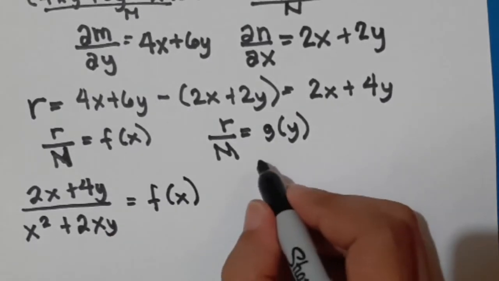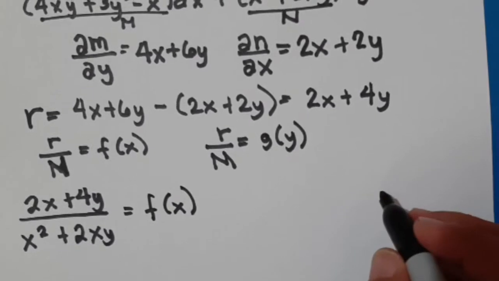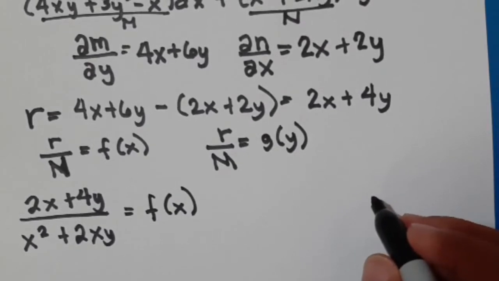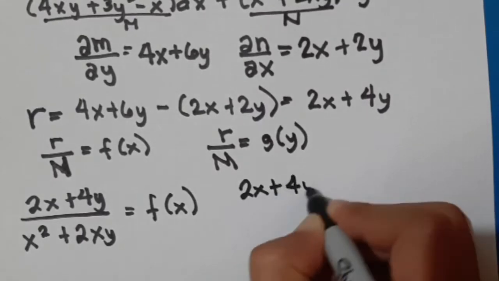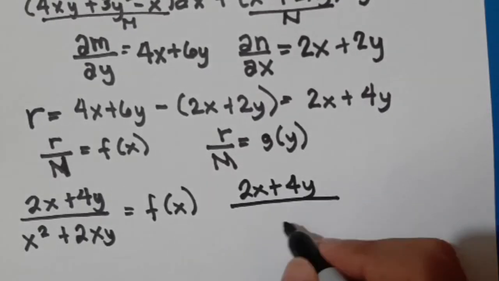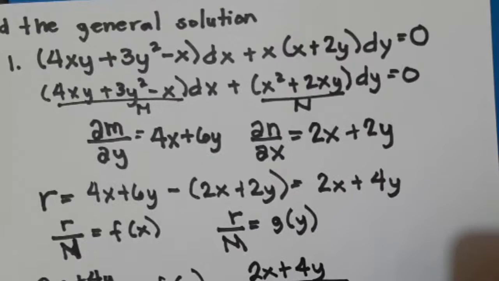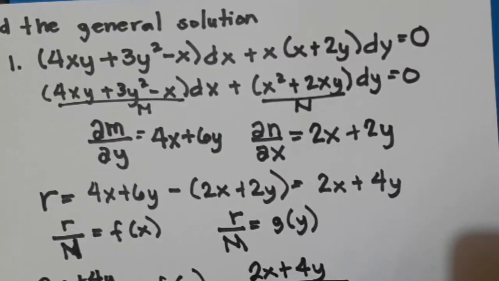Let us also check the other side to show whether it is a function of x or a function of y alone. So again, we have 2x + 4y divided by our M, which is 4xy + 3y² − x, equivalent to g of y.